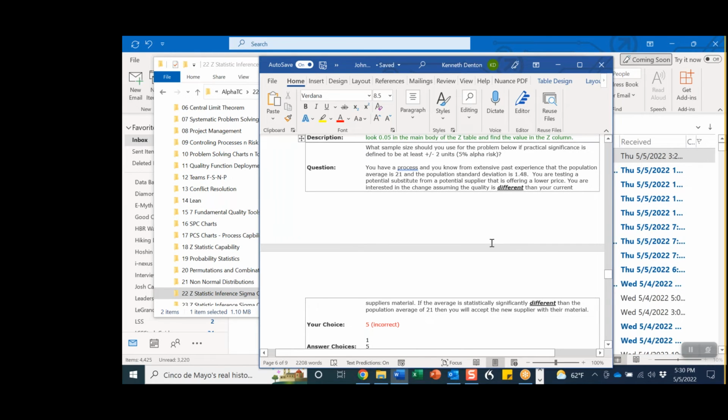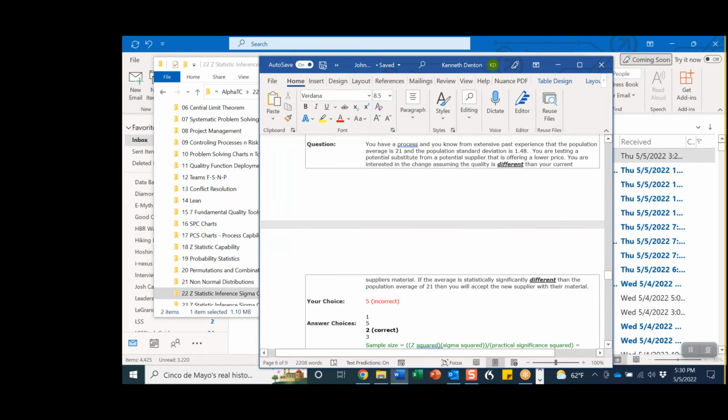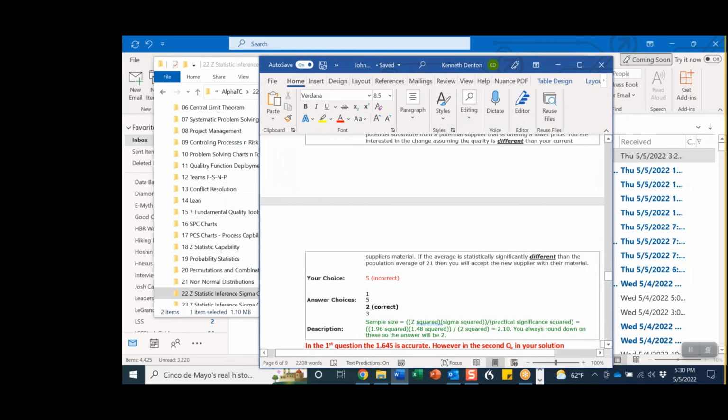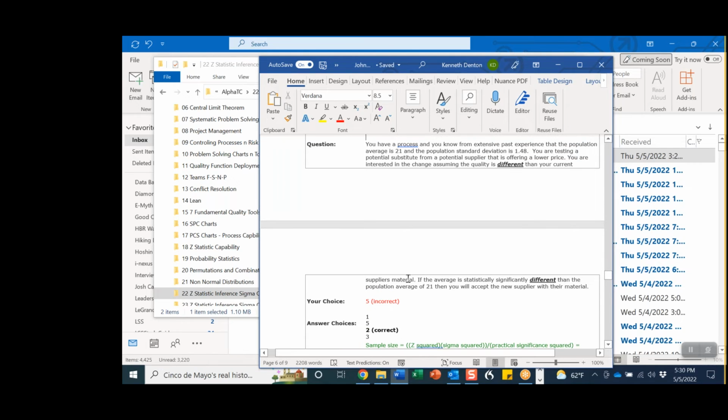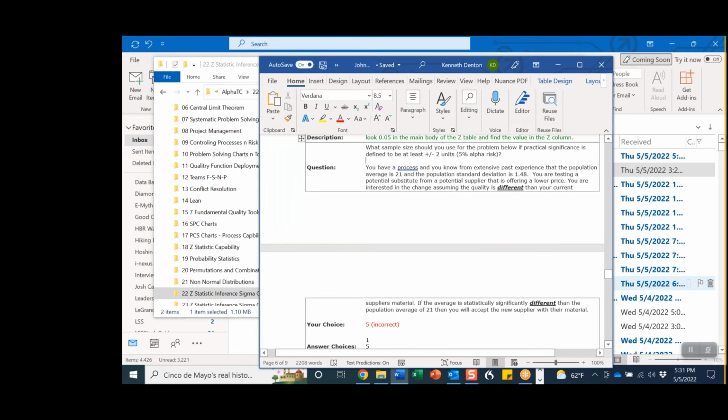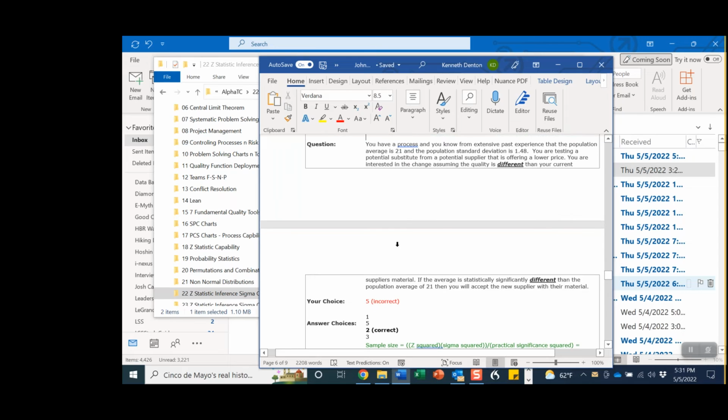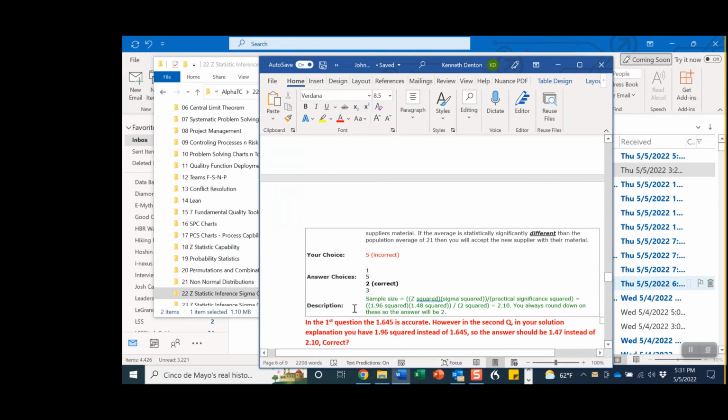Oh, that's right, that's where you get the 1.96. On pretty much every test question I've seen on that on the ASQ exam, and it's highly likely you'll get one of these on the test, by the way, every time they've used 1.96, just so you know.